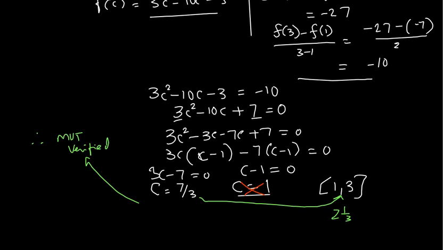So f of 1 is 1 minus 1 is 0. f of b, that is 2 squared minus 1, which is 3. So as per this, f of b minus f of a divided by b minus a equal to 3 minus 0 divided by 2 minus 1, which is equal to 3.